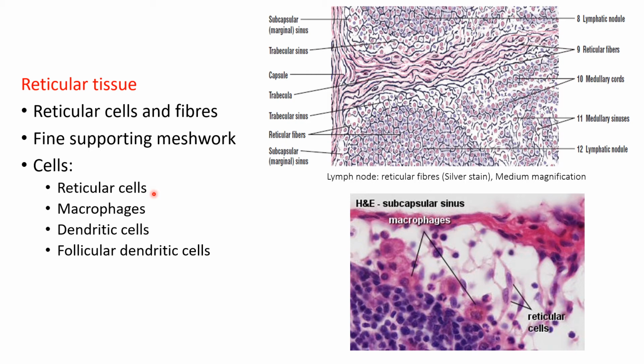These cells are special and they secrete some surface molecules to attract the lymphocytes and the dendritic cells. The macrophages present here are actually the antigen presenting cells, and they are also phagocytic in nature.